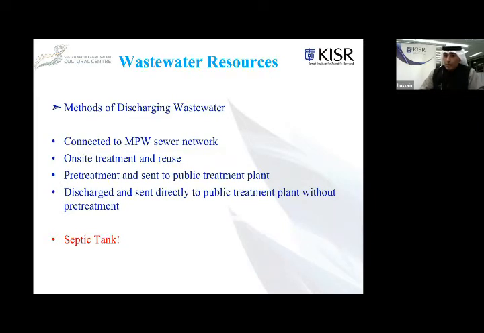And some of them discharge and send directly to the public treatment plant without any treatment. For some of the factories, as we mentioned, they don't want to add any extra cost to treating their wastewater, so they pay about 2.8 KD per 1,000 gallons and send their wastewater to Al-Wafra Industrial Wastewater Treatment.